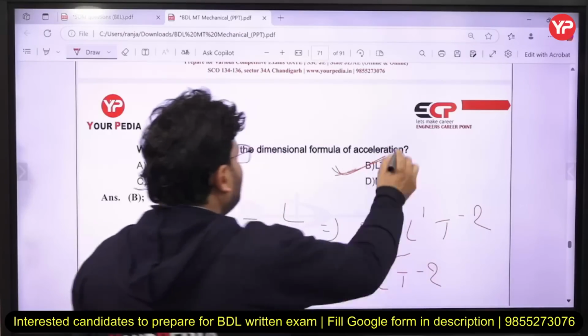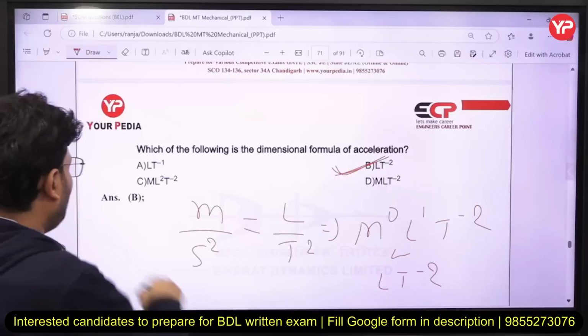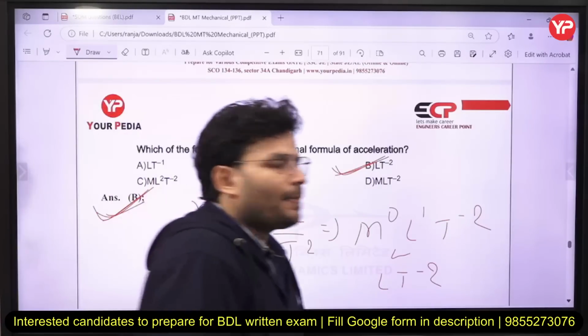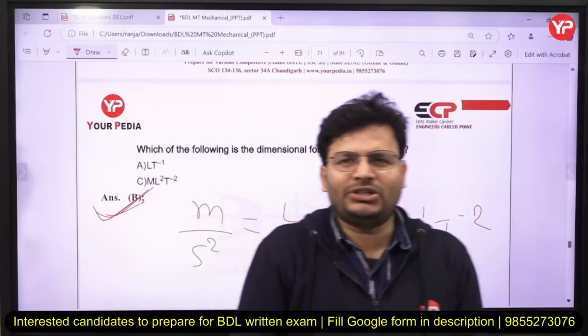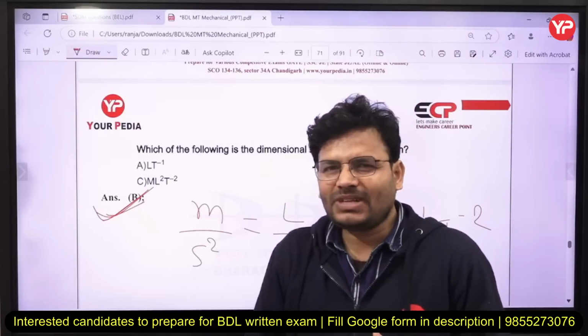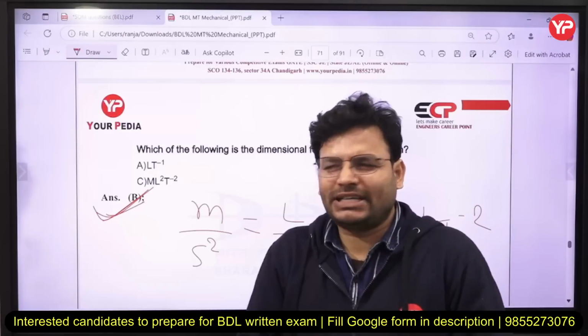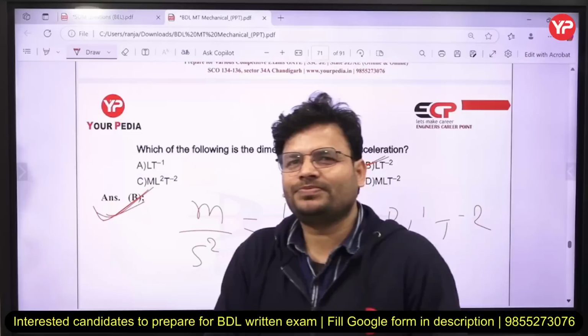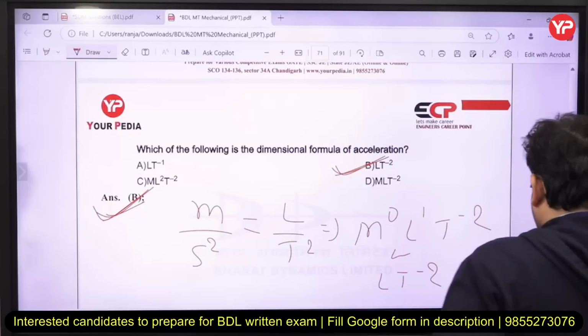So here you are going to get the answer D for Bombay. Whenever you are asked to calculate a dimension, try to convert it into primary physical quantities like mass, length, and time. Whatever is there, try to convert it into MLT form. Then we will get the answer.